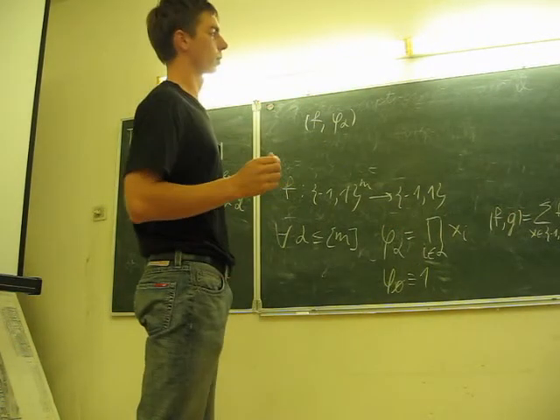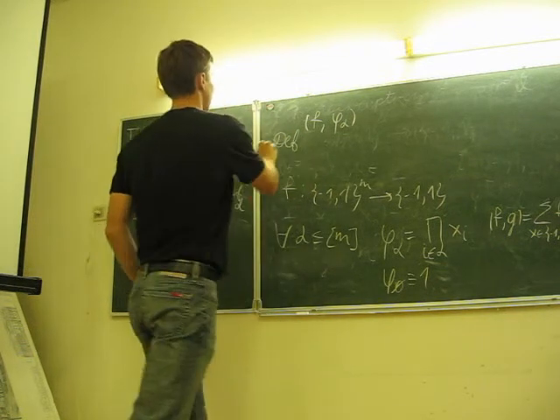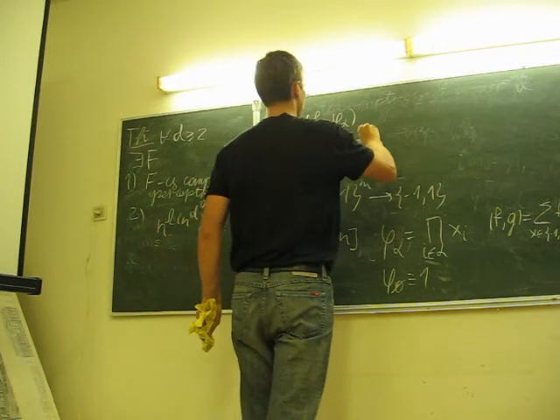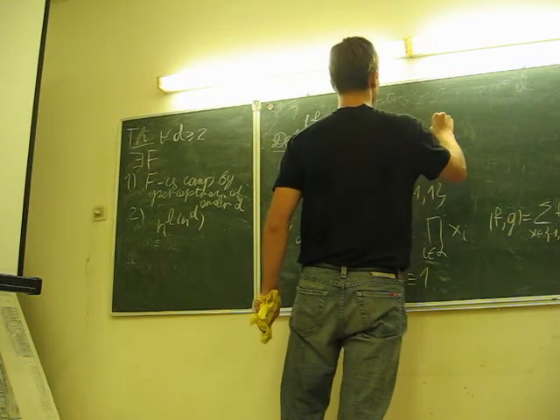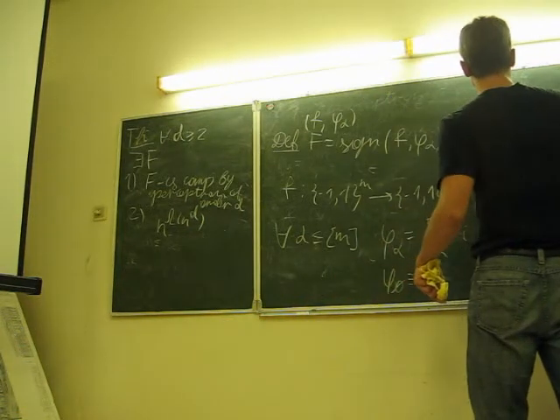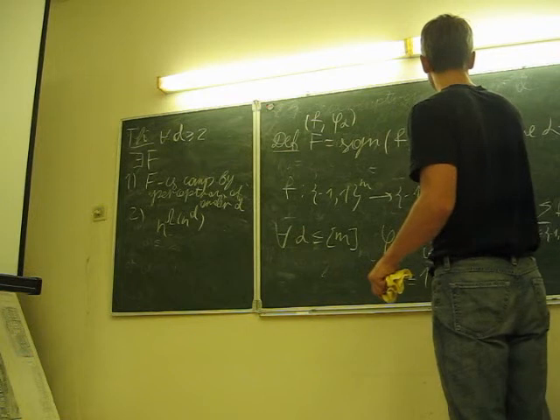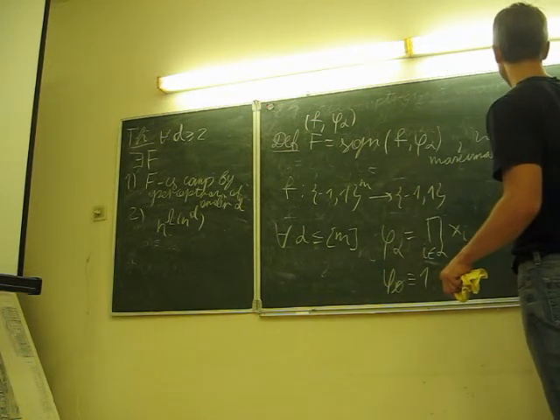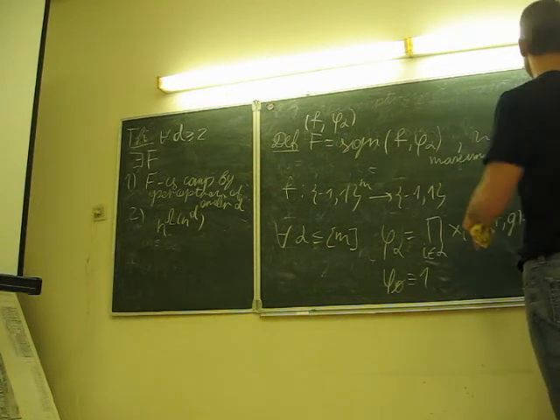Now we can almost define the function. The function of f would be the sign of the inner product of f with phi alpha, where alpha is maximal such that this is non-zero.